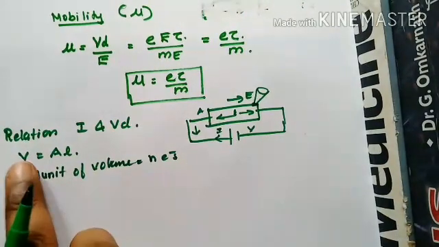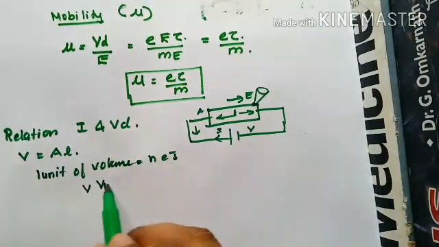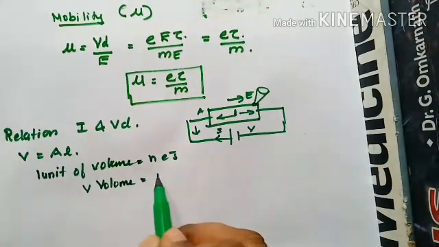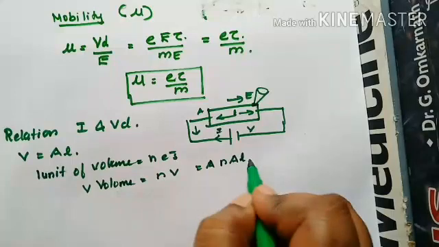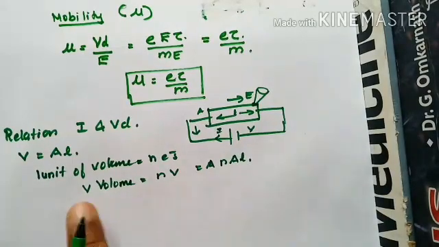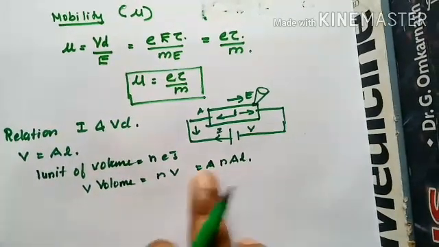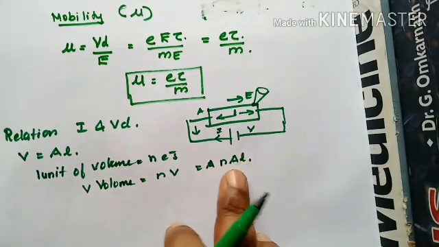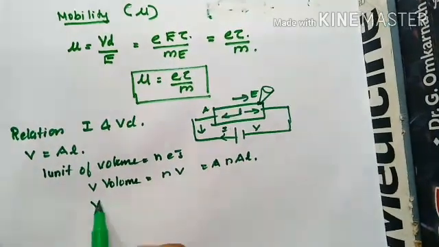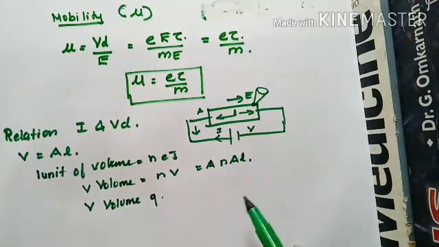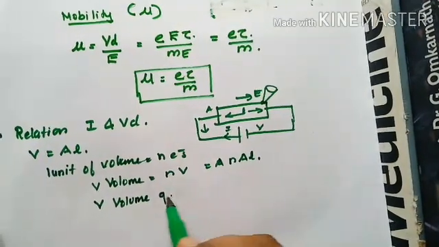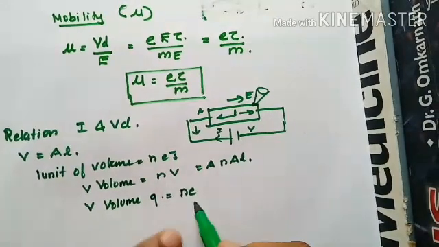So volume V will have how many electrons? Volume V will have n into V, or I can write n into AL electrons. I hope this much is clear. So volume V has how much charge? You know, Q is equal to N into e, right?